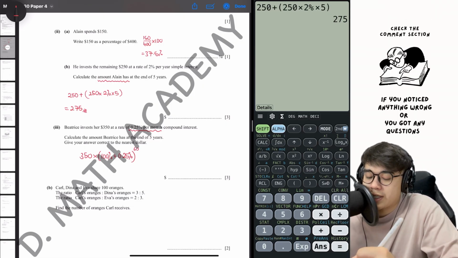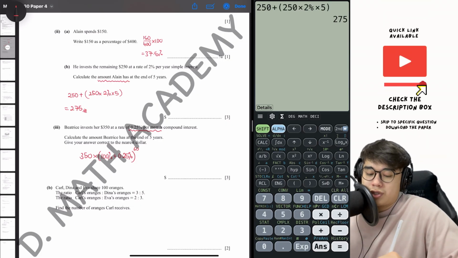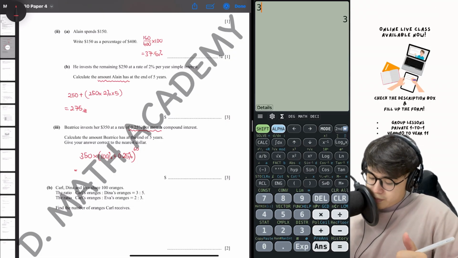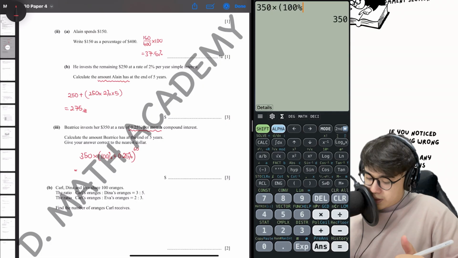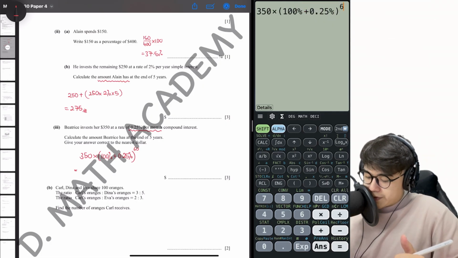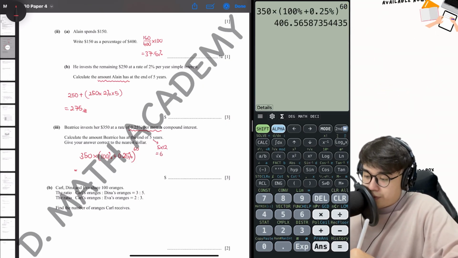So technically, there are 60 months in 5 years' time, so the rate will be compounded 60 times. So you have 100% plus 0.25% to the power of 60. Just in case you wonder how I get to 60, it is 5 times 12.